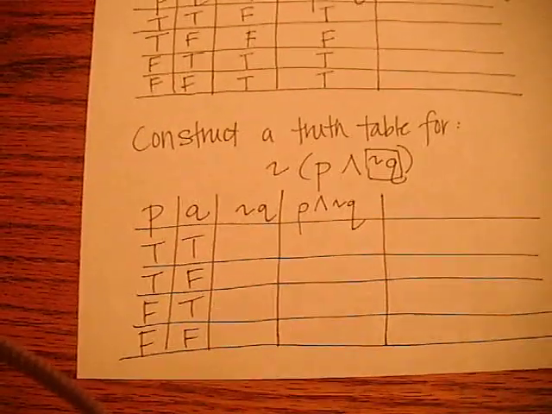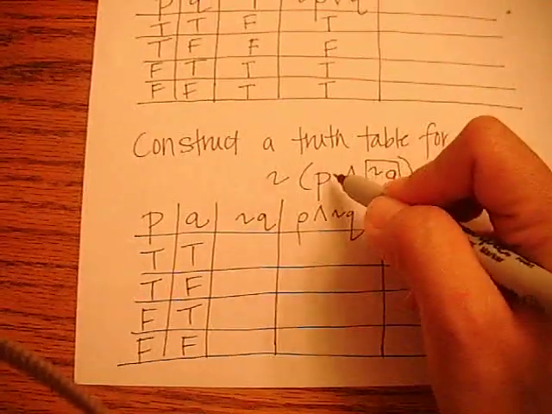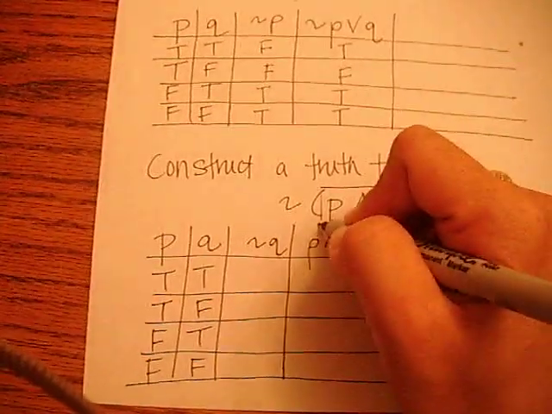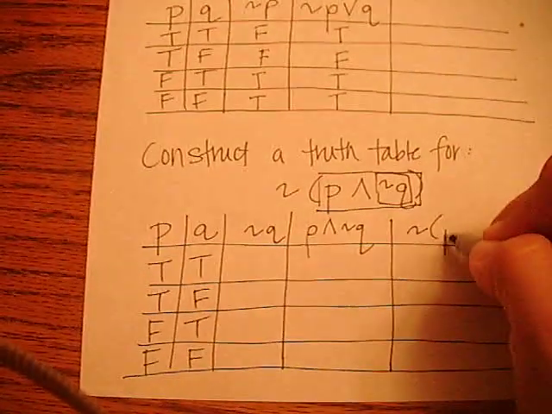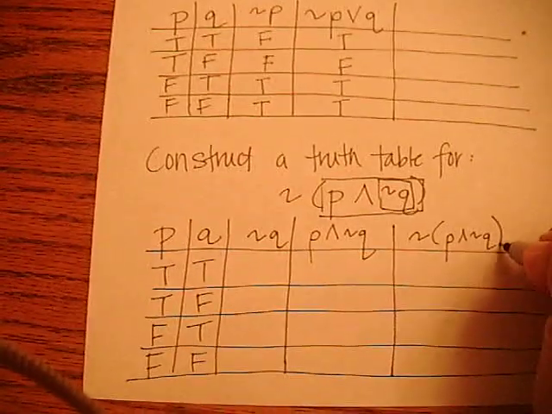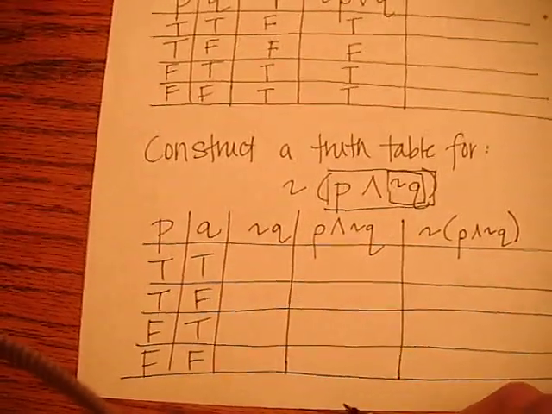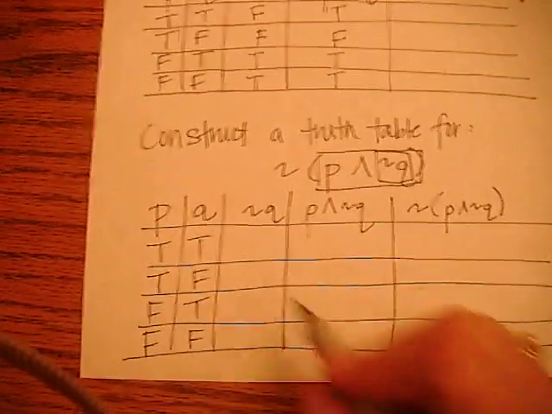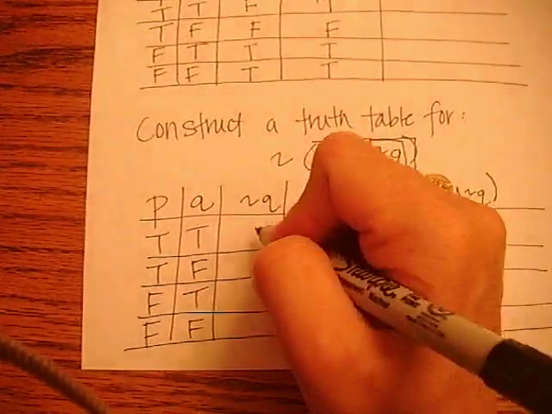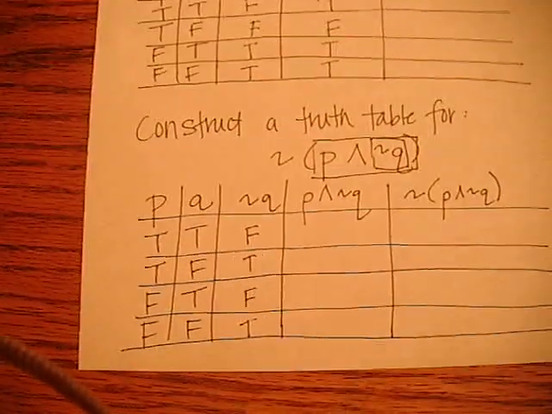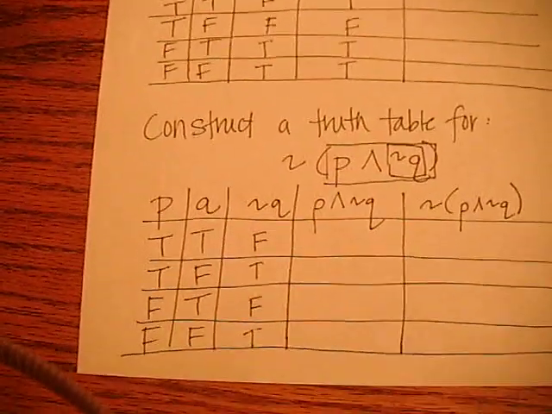And then adding one more thing to that would be the negation of this whole thing right here. Not P and not Q. And that's the whole thing, so that's our last column. Alright, just take it one step at a time. So for our not Q column, it's going to be the opposite of what's in the Q column. So we can fill that in.